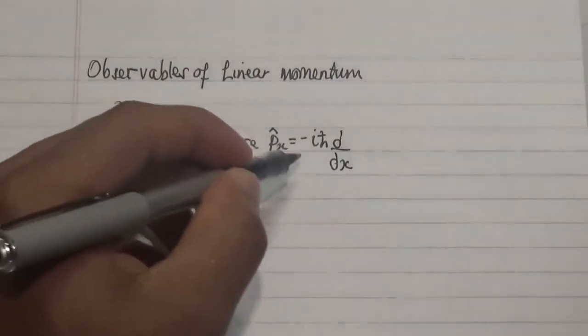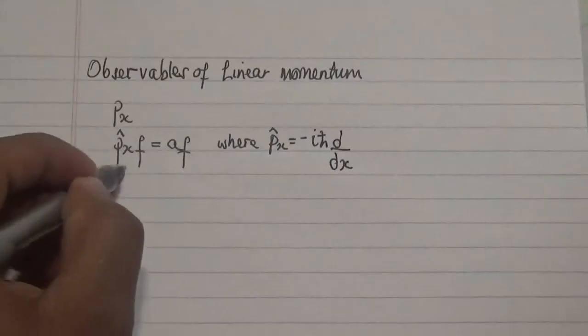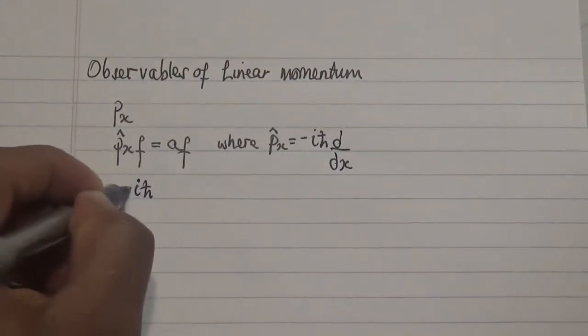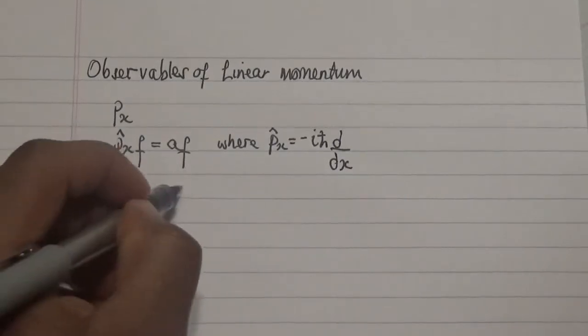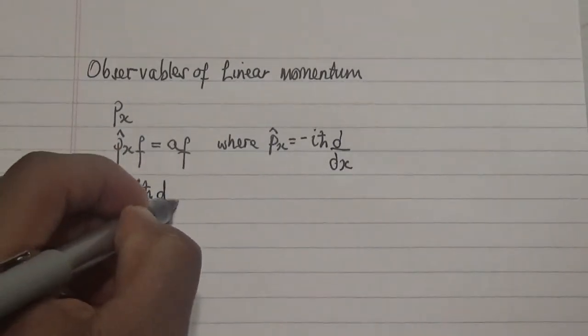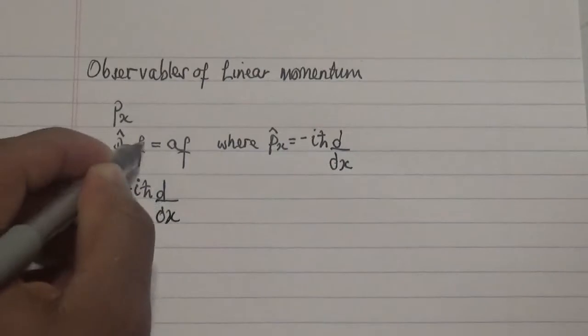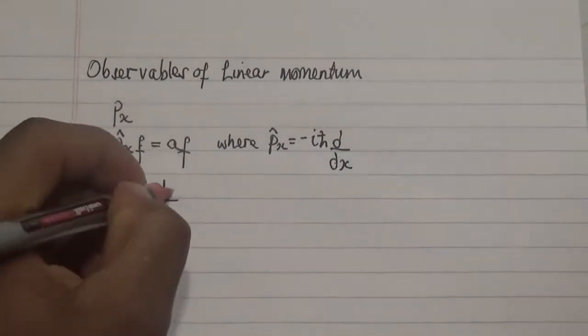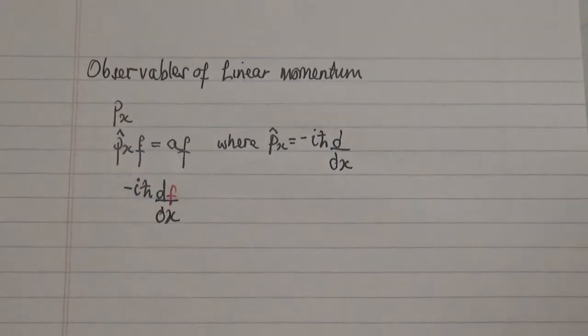Now if we put this into our equation at the left side, we get negative i multiplied by h bar, don't forget the negative sign, all multiplied by d over dx, and our f comes in here. The question now is, what is our f function, which is our eigenfunction?